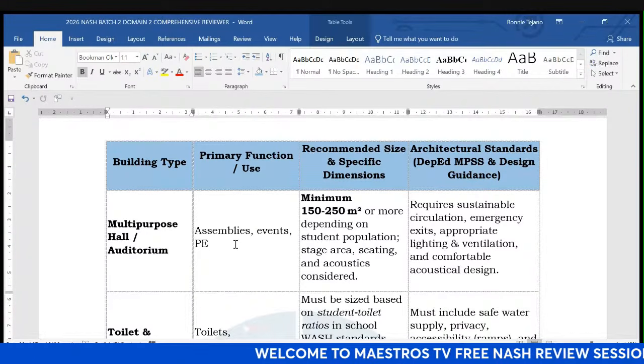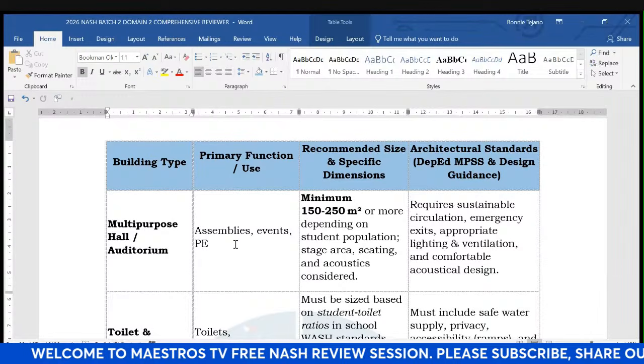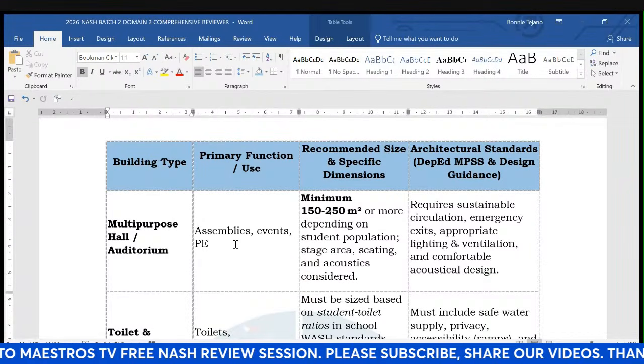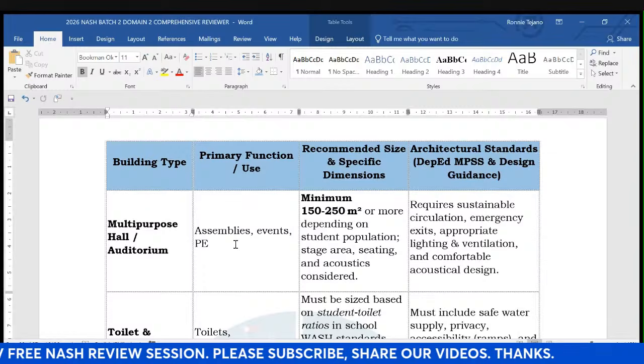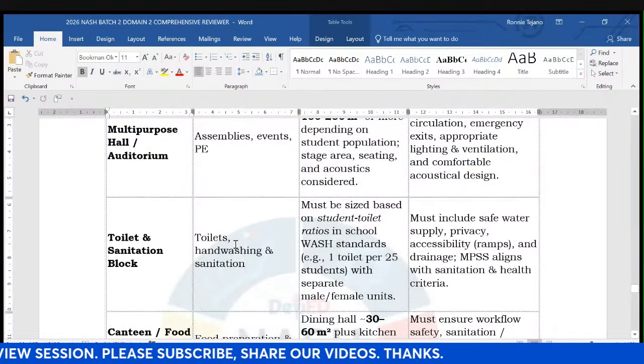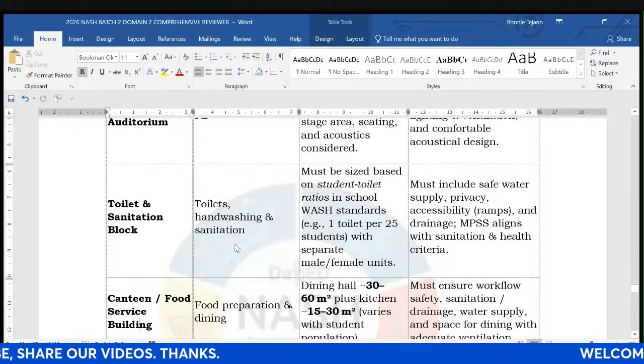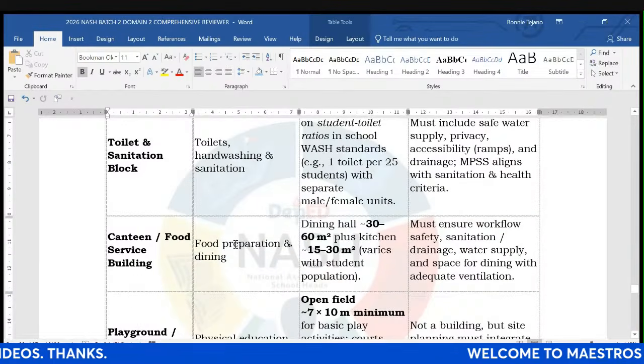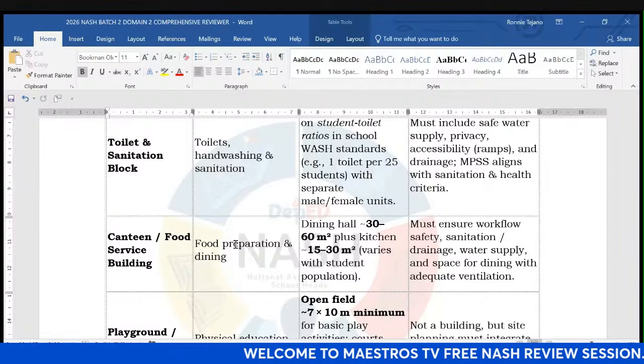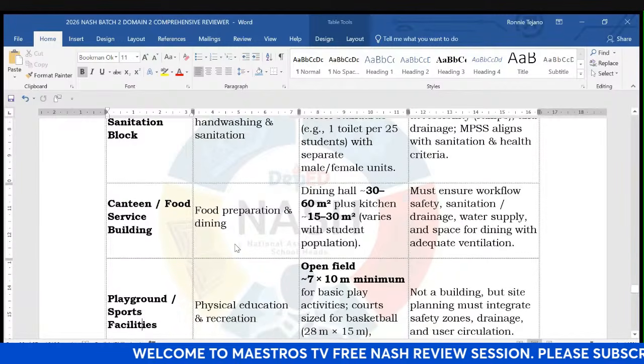Then for a multipurpose hall or auditorium, the size is between 150 to 250 square meters. Toilet and sanitation, diyan naman na lahat. Okay, you will read. For canteen, it is 30 to 60 plus the kitchen with 15 to 30 square meters.